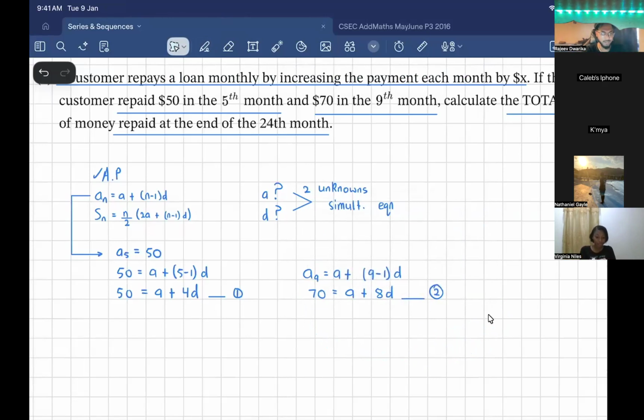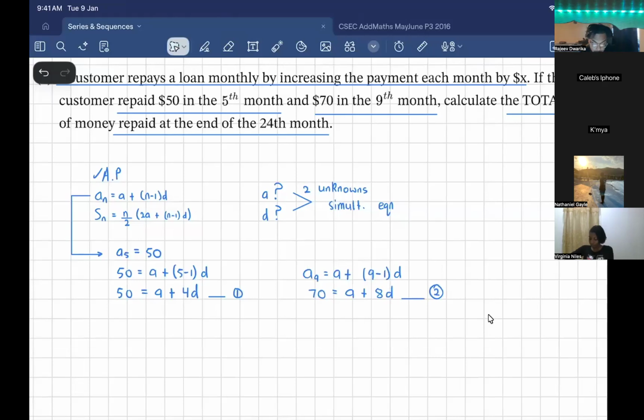Nathaniel, you're gonna help me with the other part. Virginia, Kamaya and Caleb, they could work this and find A and D if you want. So Nathaniel, I have the two equations. How am I gonna solve it? You could use substitution here.